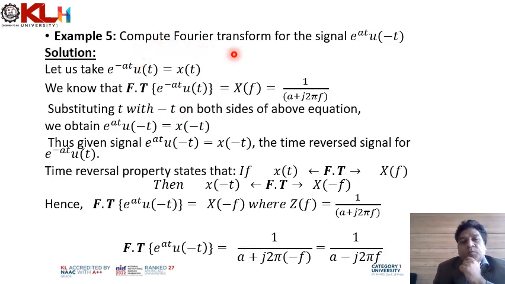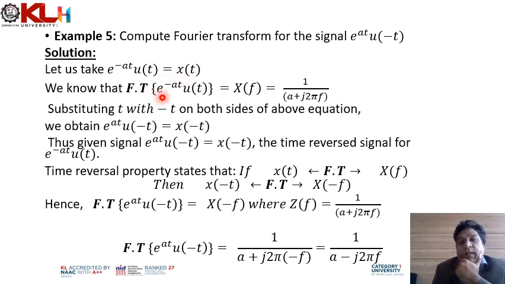Next, we are going to compute the Fourier transform of e^(at) u(-t). Now, this is a non-causal signal because the signal is having the time reversed unit step signal u(-t). So, this is a non-causal signal. Now, let us take here e^(-at) u(t) as x(t), the signal which we computed in the previous slides.